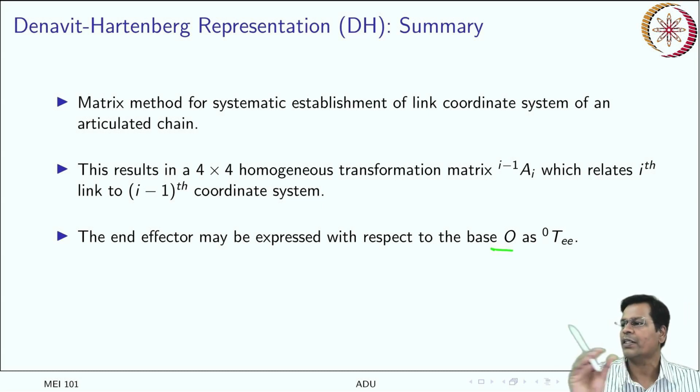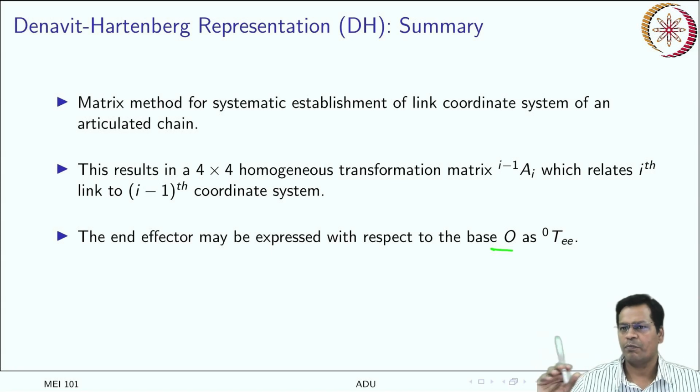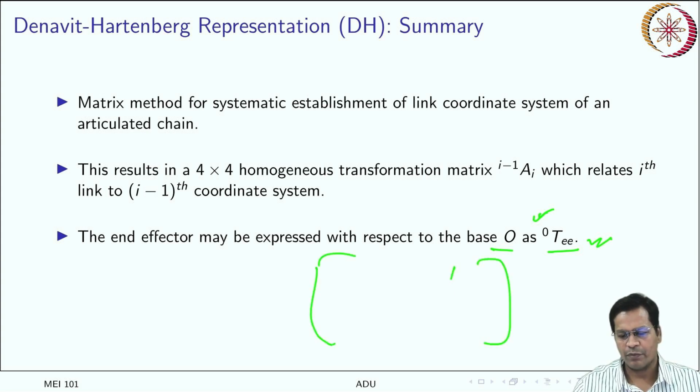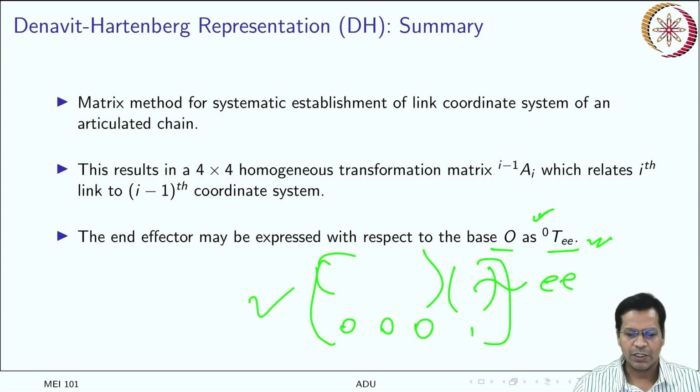If you can do concatenation of all the link matrices, ultimately what you will get is T0 to n, starting from base frame 0 to the end effector frame. Okay, so the final transformation matrix will have the end effector orientation, end effector position, then 0, 0, 0 and 1. So it is like this.